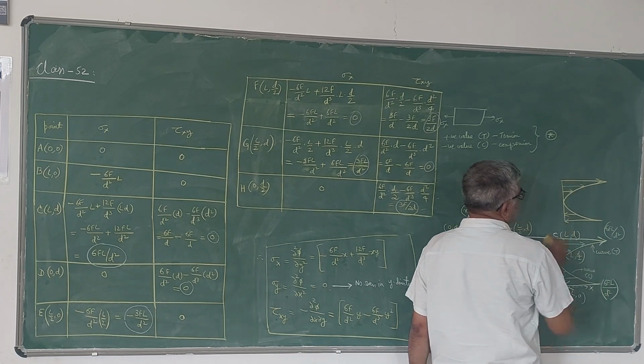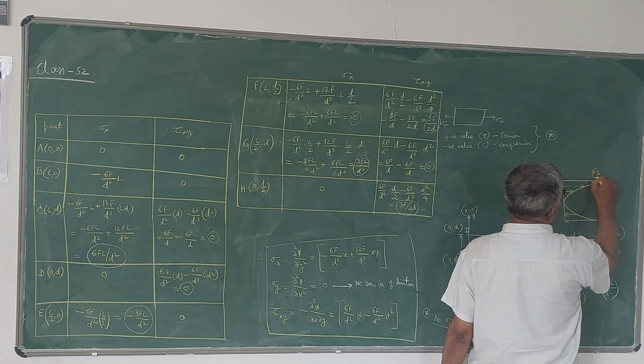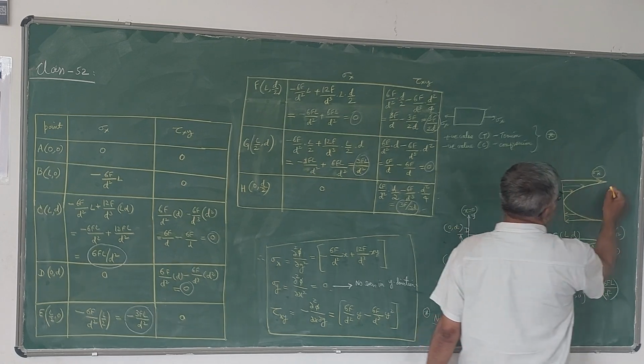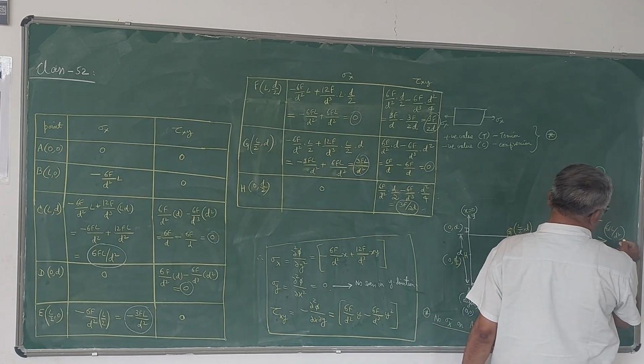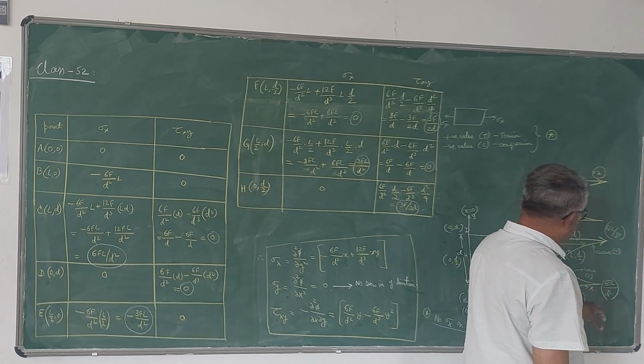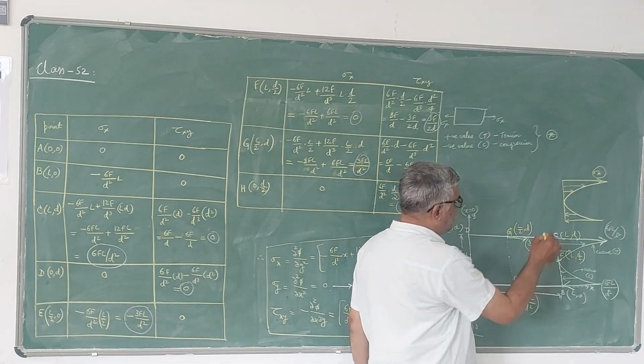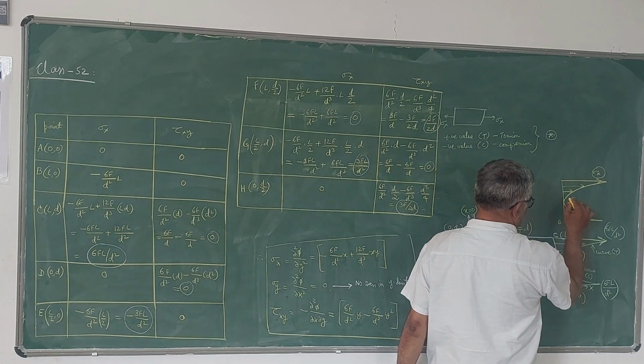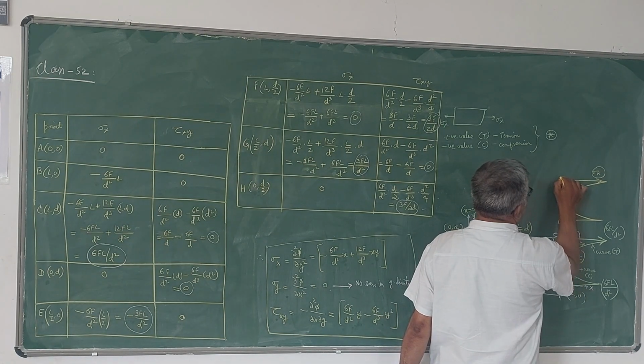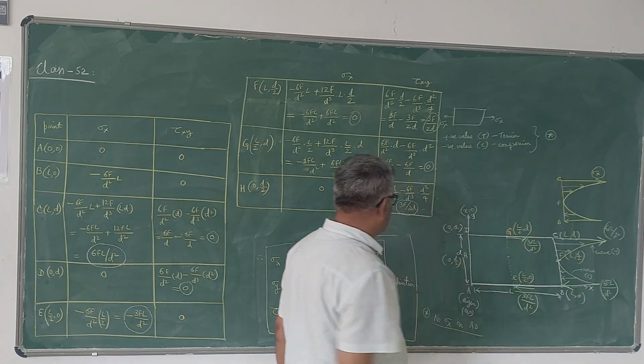Got it? This is your sigma x. Value 0. This is 6Fl by d square. This is also 6Fl by d square. That is 0. So this is B. This is F.